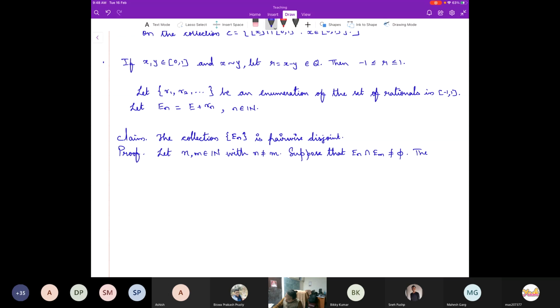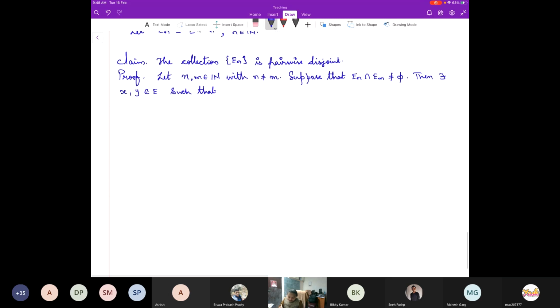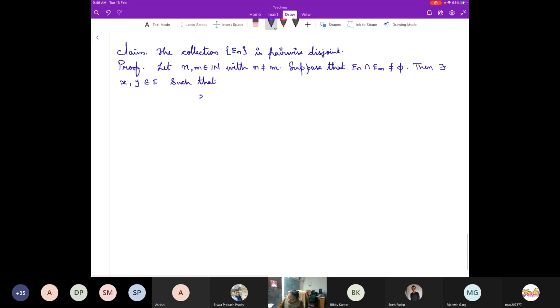Then there exist x, y in E such that, because En is given by E plus Rn while Em is given by E plus Rm, x plus Rn will be the same as y plus Rm.